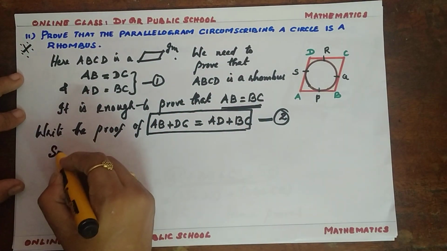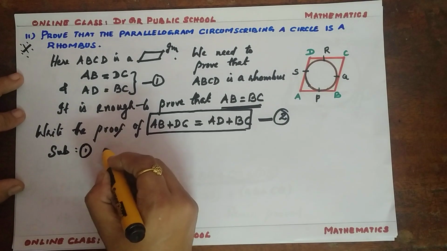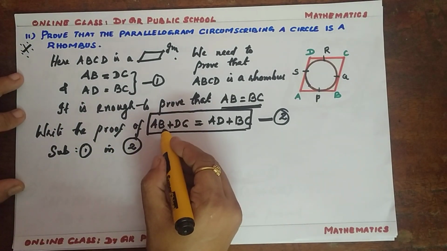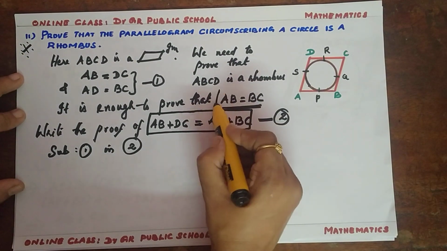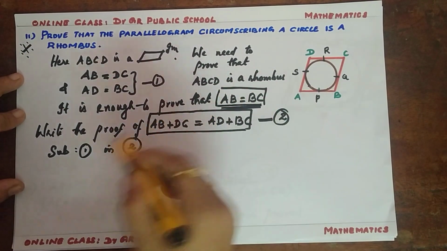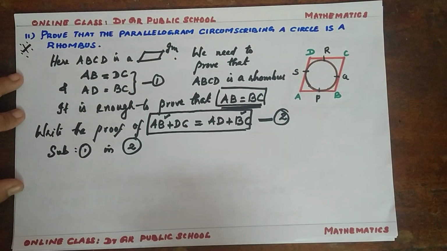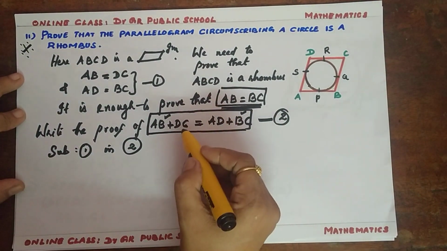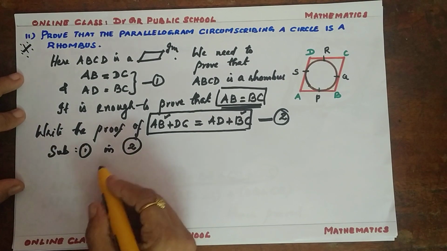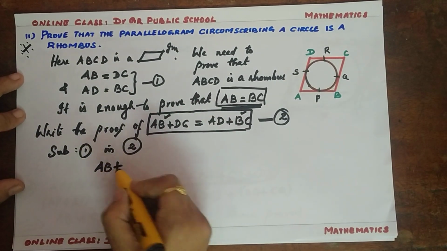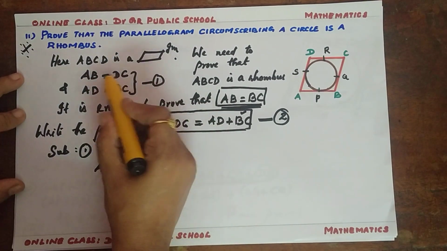Now what do we want to do? Substitute equation 1 in equation 2. Listen here, what I need to prove is AB equal to BC. So AB and BC are the needed sides for me. I need to replace AD and DC. I am going to keep the AB there, plus DC you can replace as AB.